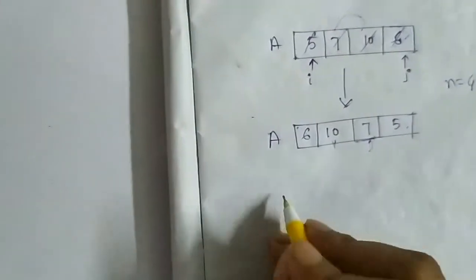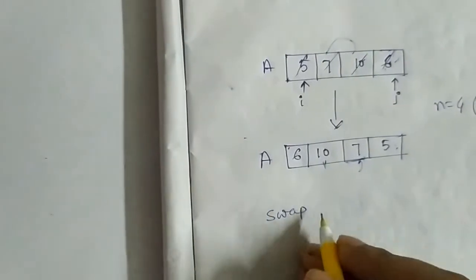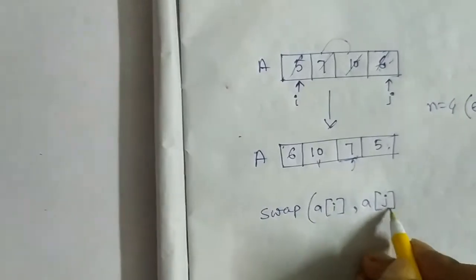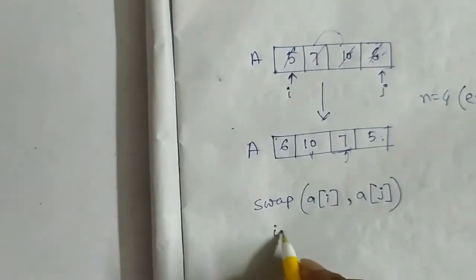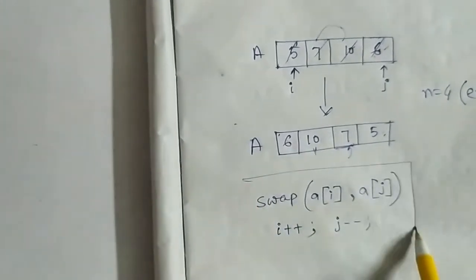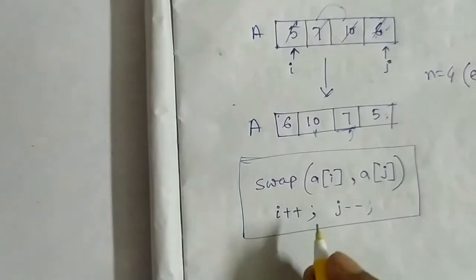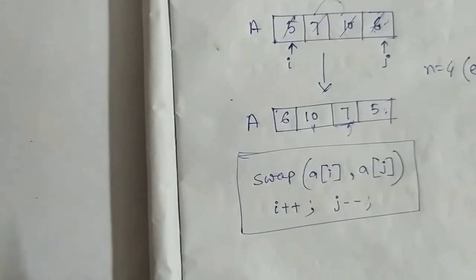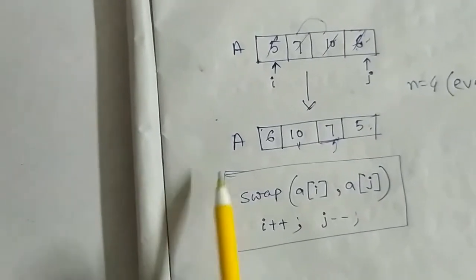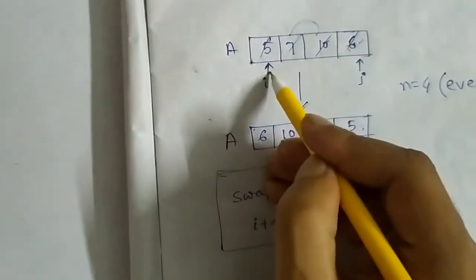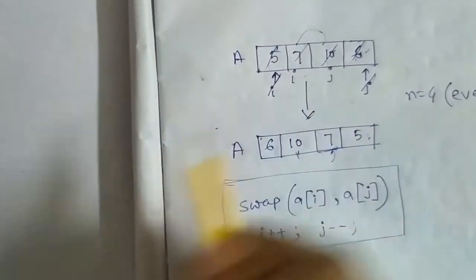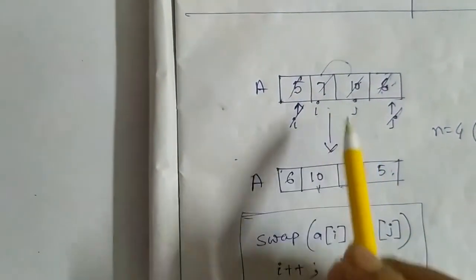I will swap the element at position I and position J, and after this I will increment I and decrement J. I will do the same thing until I and J both cross or they both meet. After swapping 5 and 6, I incremented I to this position and decremented J to point to this position.